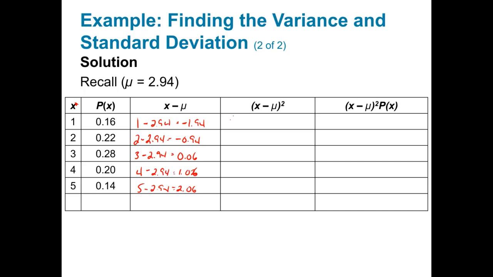So next column, same thing, right? Negative 1.94 quantity squared. And remember, when you're putting this in your calculator, put parentheses around it, especially if it's negative, to make sure that you get that positive number out. So all of these should be positive. 3.7636. And notice I'm keeping more decimal places here. Why am I keeping so many decimals?